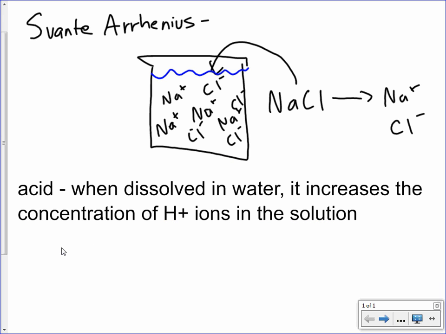For example, hydrochloric acid: take hydrogen chloride, put it in water, and you're going to have H plus and Cl minus ions. So that's an acid because it increases the concentration of H plus ions in the solution.